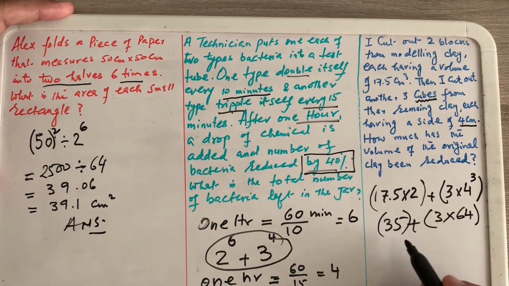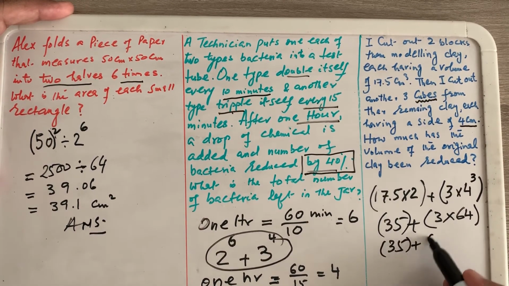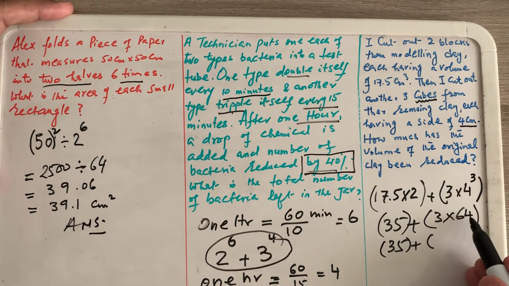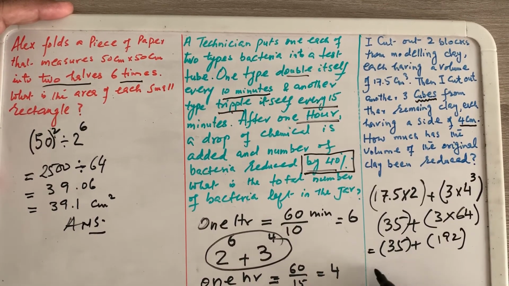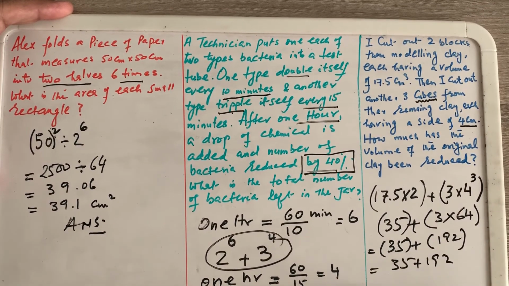So this is 35. It's still in the bracket maybe. 3 times 64 is 192. So now we can add them up. 35 plus 192 gives me 227.